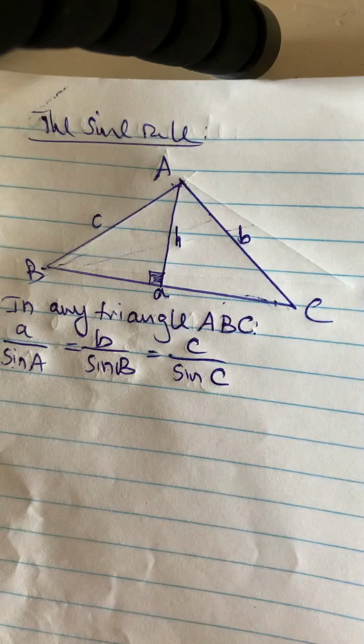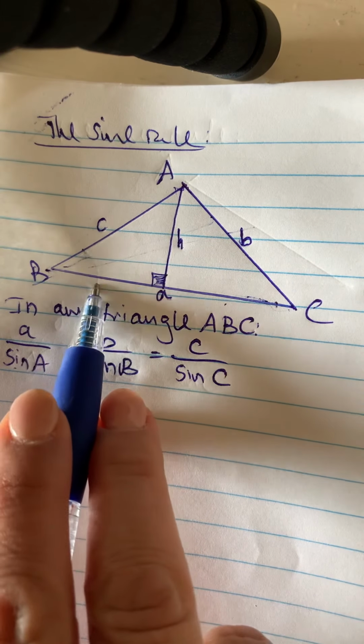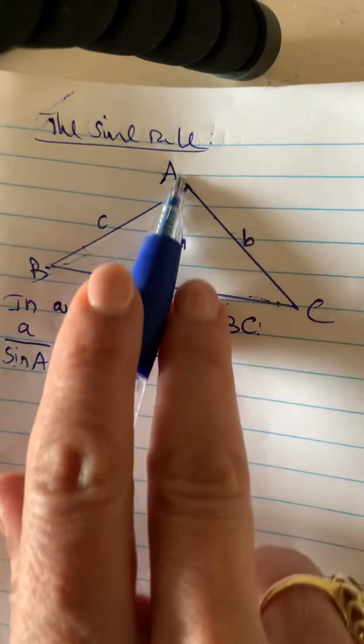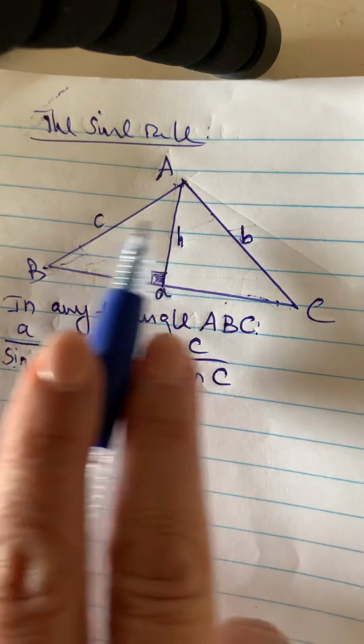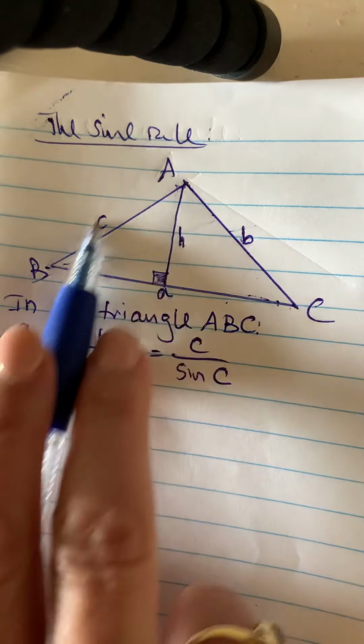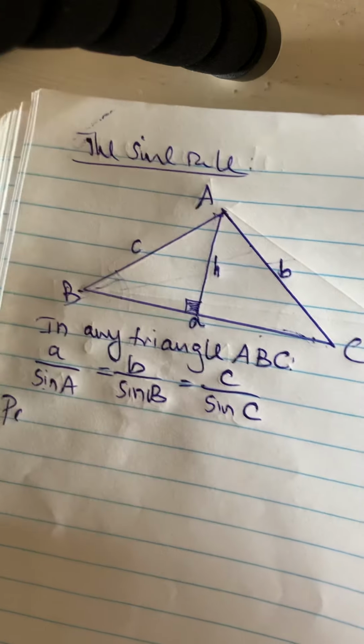So let's call this H for height. And what I'm going to do is find sine B and sine C, which we can now because we've got right angle triangles. And we're going to use these two answers to come up with the sine rule. So the proof will go like this.